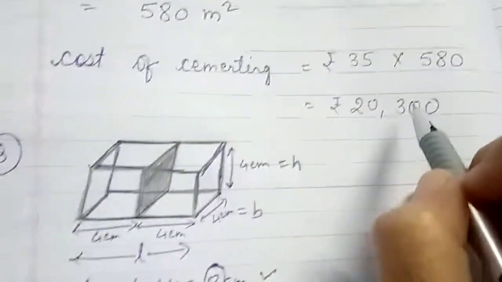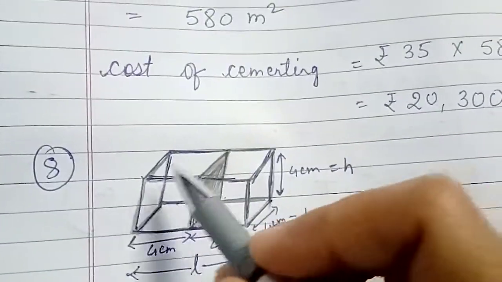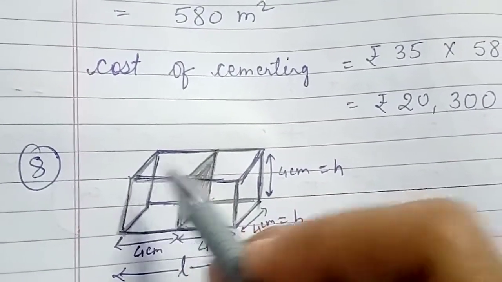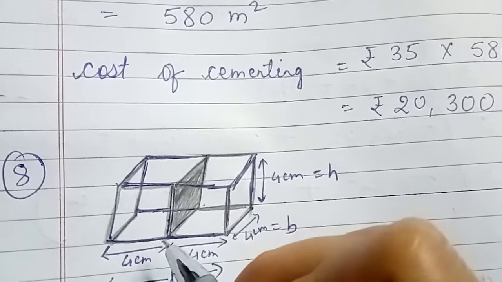Okay, now in the next question, there is a cube whose dimension is given.